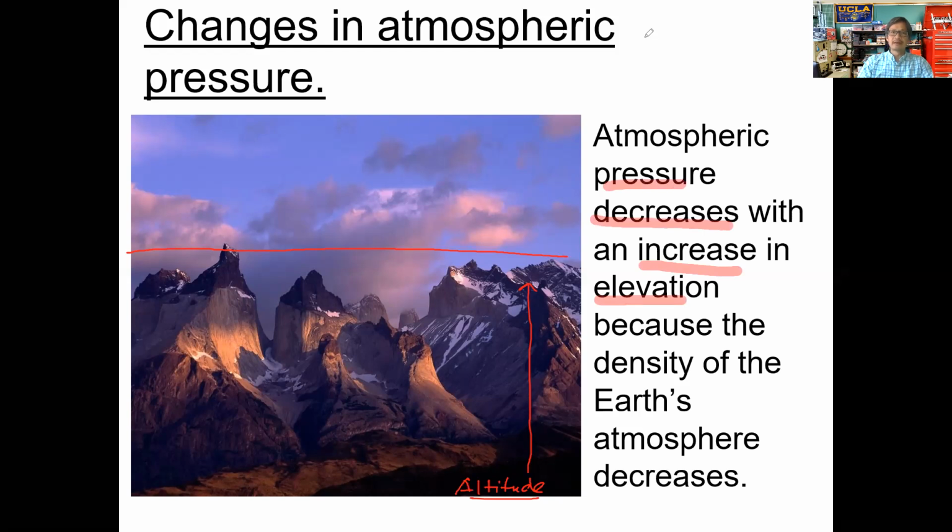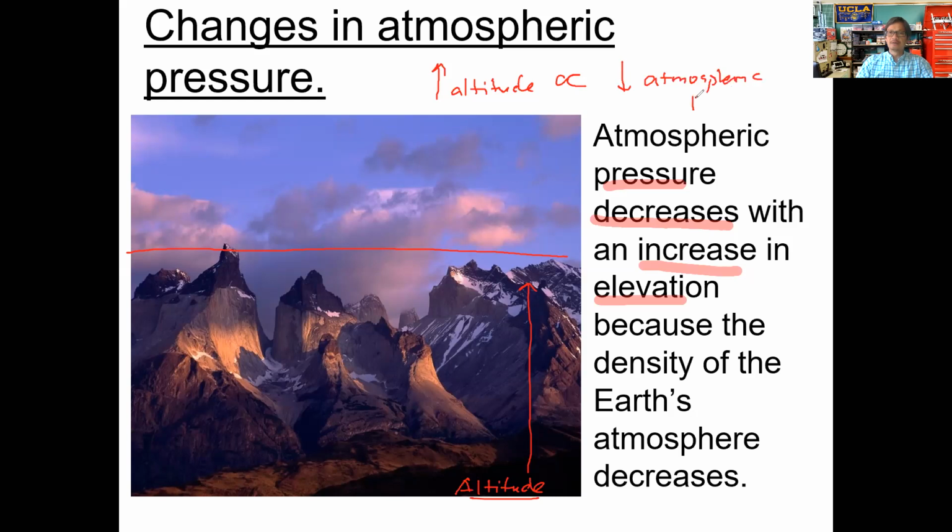As you go up, as the altitude increases, that corresponds directly, so this is proportional to a decrease in the atmospheric pressure. And that's the connection I need you to make.